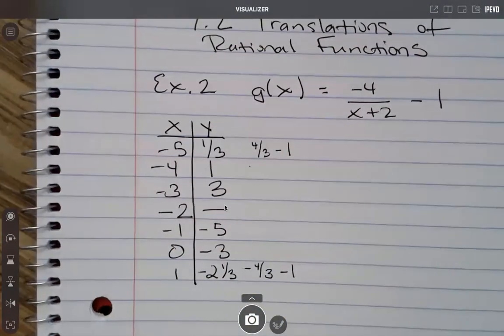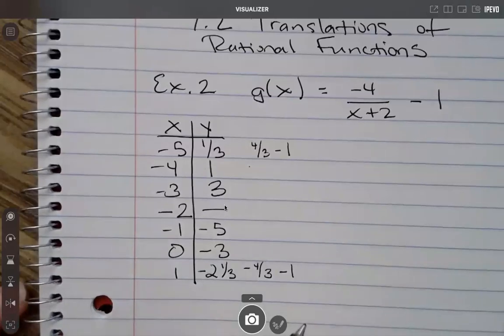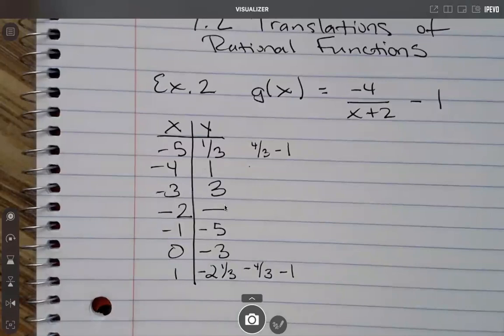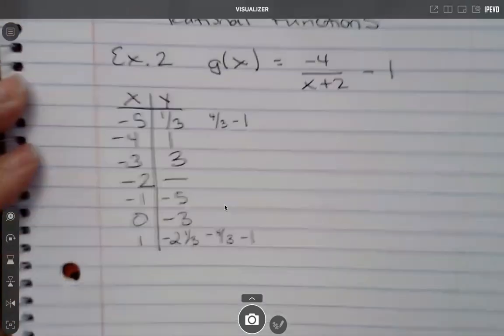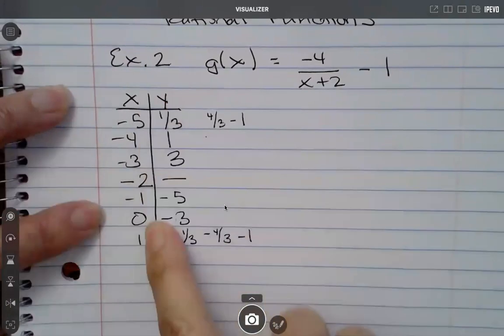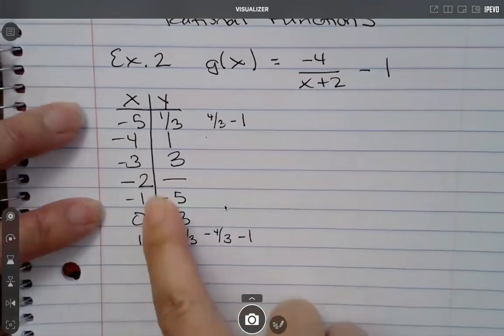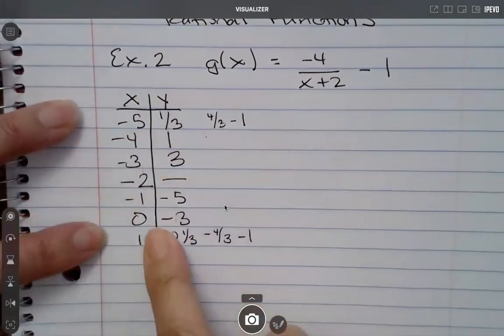Okay. Here's how you draw your graph. And this is the part that our athlete needs to listen to as you watch this video. How do I draw my graph? This is where it's going to get tricky because you're not just going to do a normal grid. You have to plan and look at it. Look at my X values. I have more negatives than I do positives.